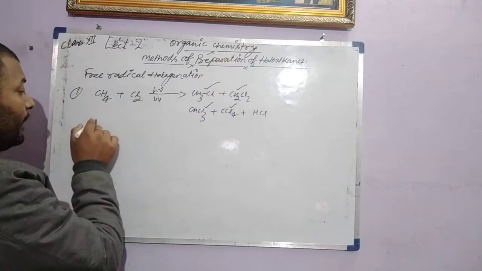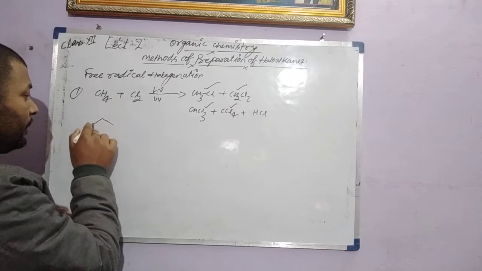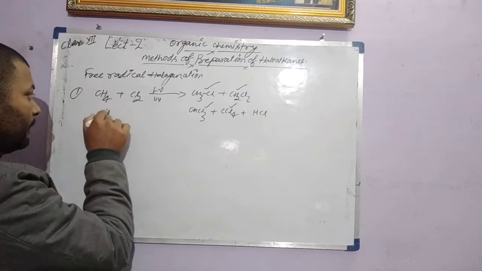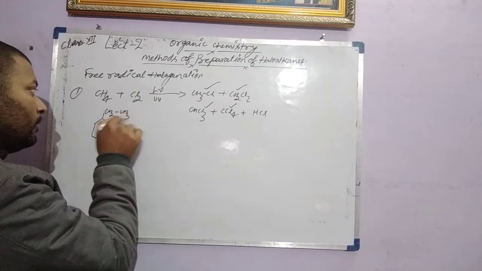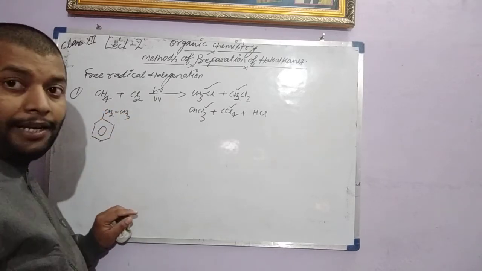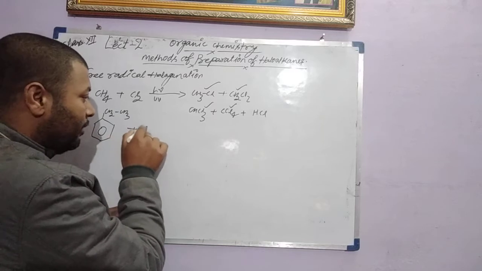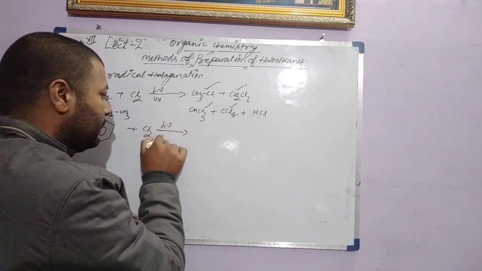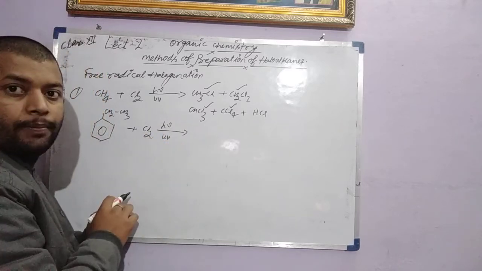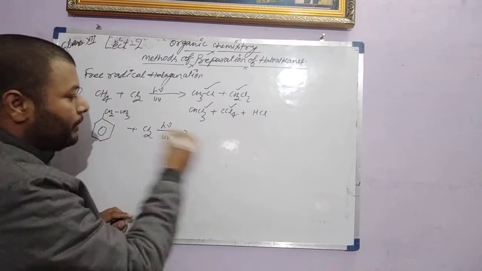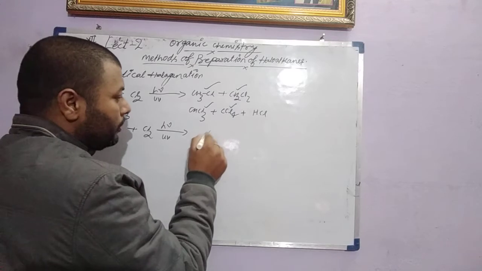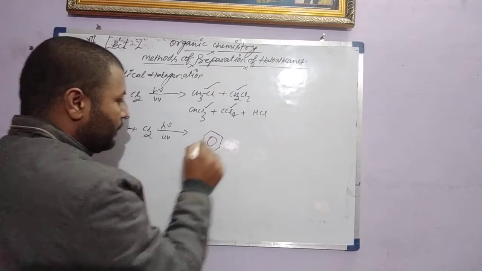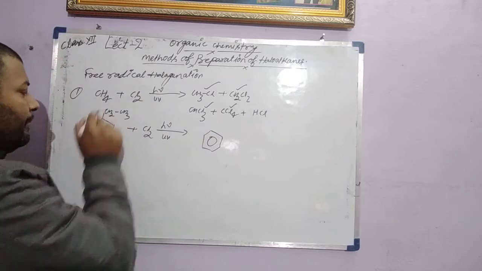But you also have to learn how the reaction proceeds if we have a benzene ring. Suppose I take ethyl benzene with chlorine in ultraviolet sunlight. You will be surprised to learn that this carbon is called the benzyl carbon.